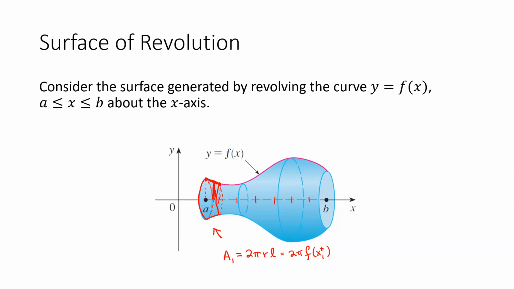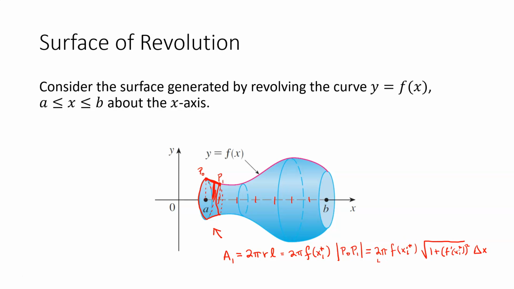And the length of that segment, if this is P0 and P1, will be the length of that segment P0 P1. Which, as we recall from when we did arc length, can essentially be approximated with the square root of 1 plus f prime of xi star squared times delta x.